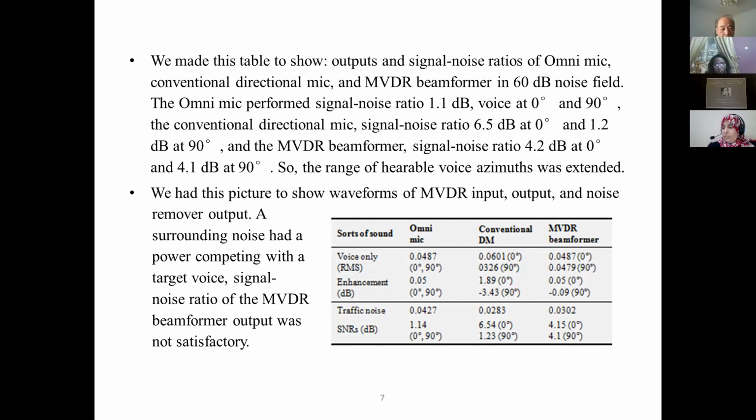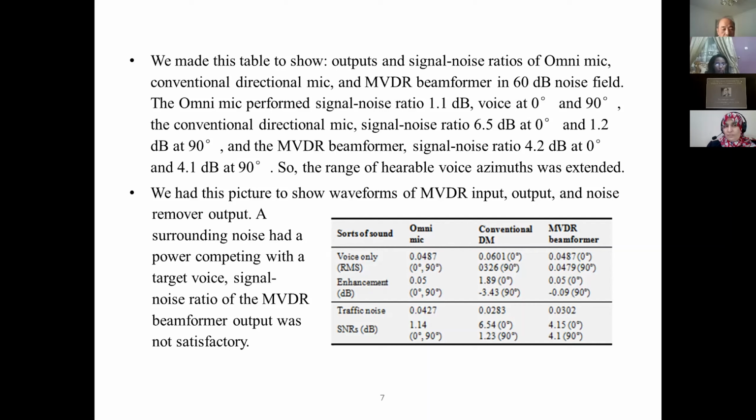We have this picture to show waveforms of MVDR input, output, and noise remover output. The surrounding noise had a power competing with the target voice.